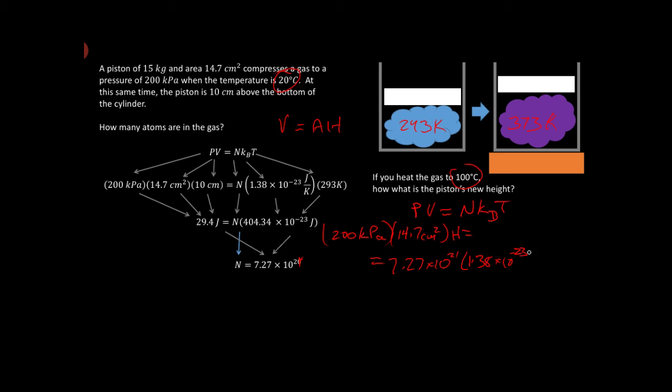That's Boltzmann's constant, joules per Kelvin, times this 373 K that we just talked about.